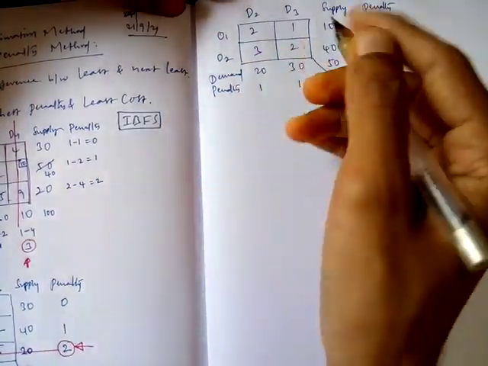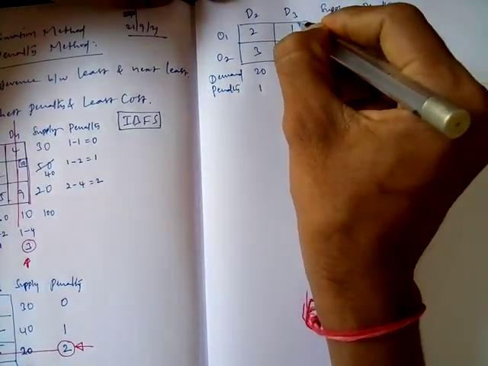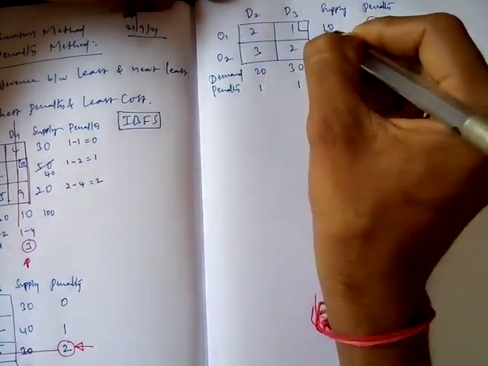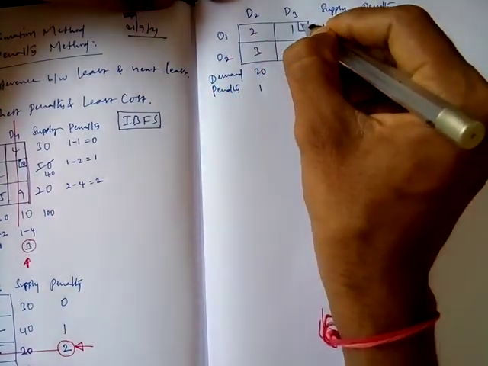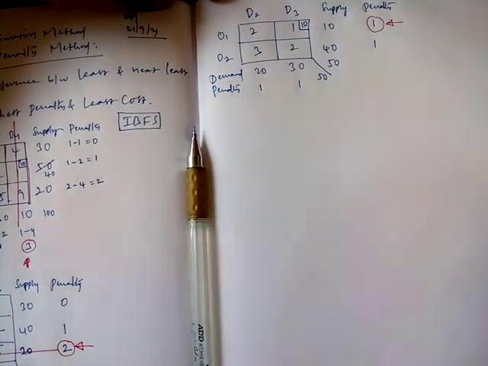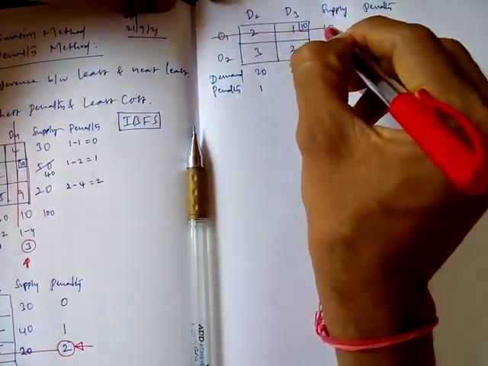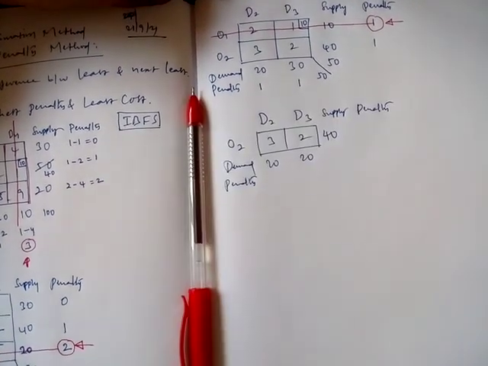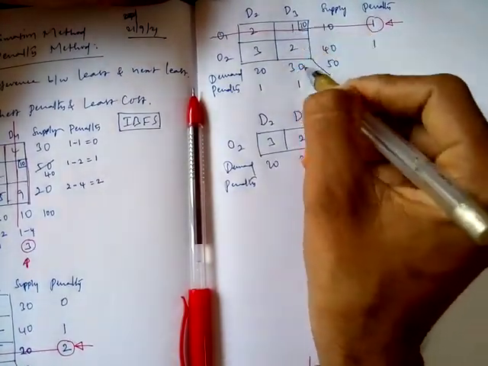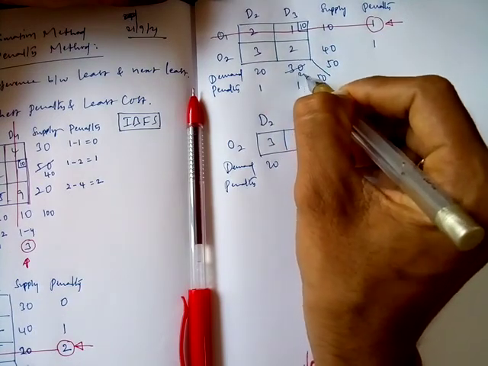Here the highest penalty is this and the least cost is this, so I can allot 10 only. Of course it is demanding 30, but the supply is only 10, so 10 can be allotted here, and this can be cancelled.